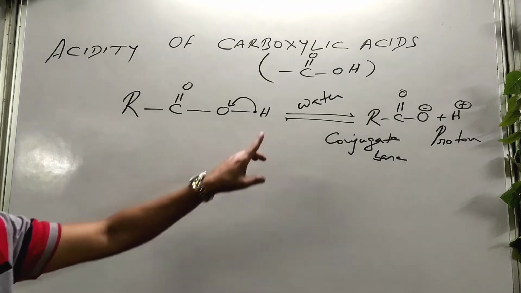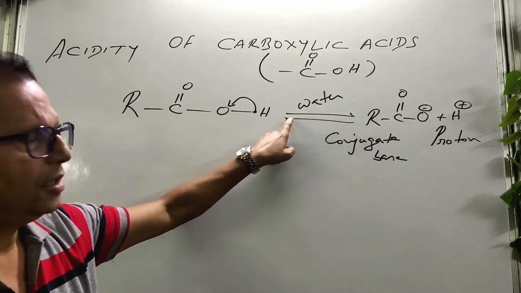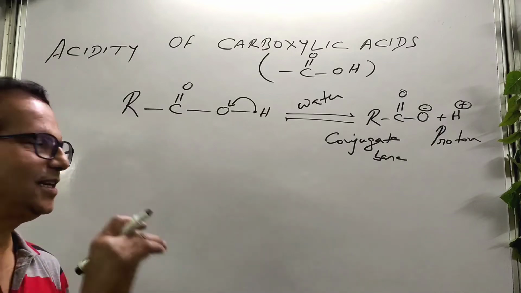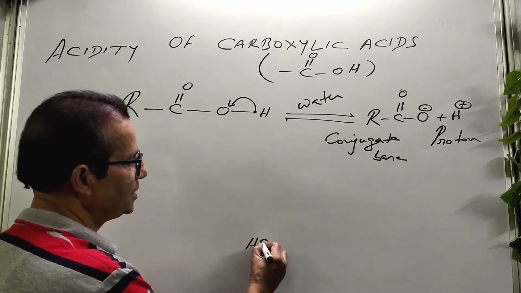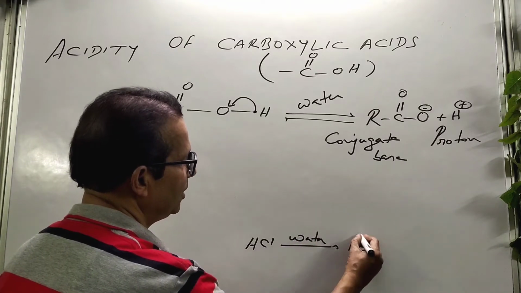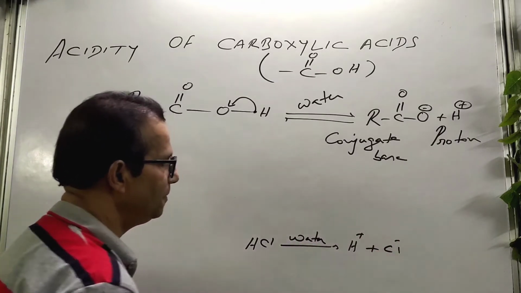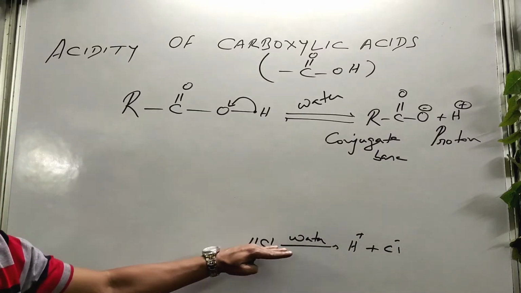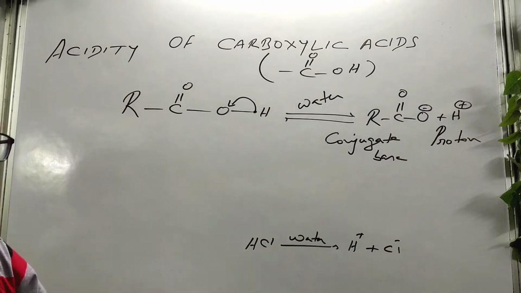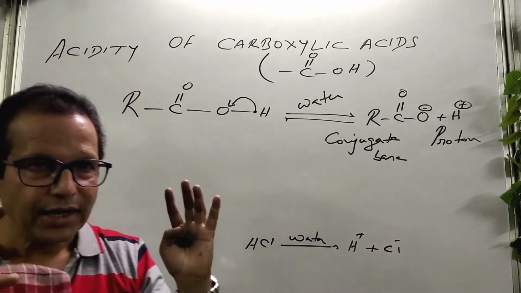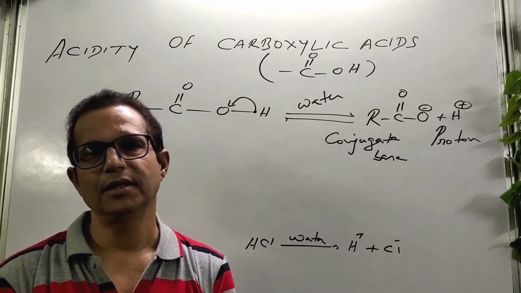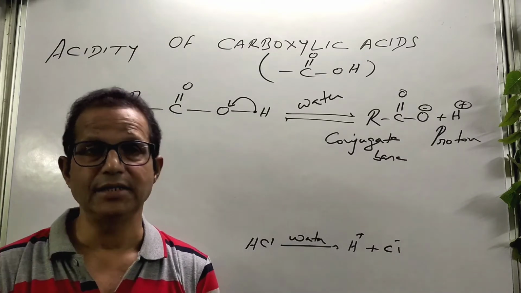Can you tell me why reversible is there? Anyone guess? Listen now. If we consider HCl, whenever it dissociates in water, you write H positive plus Cl negative. Why only one arrow towards the product? Reversible? Good. Any organic acids, whether aliphatic or aromatic, are very weak acids.